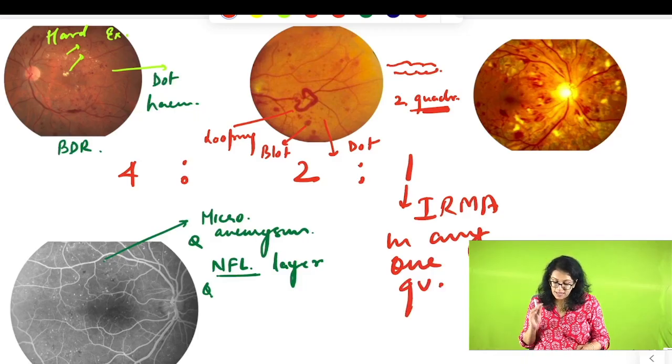Now, if you're getting more than one feature of this, so either 4 or 2 or 1, then it is severe. But if you get more than one feature of the severe, then you call it very severe NPDR.